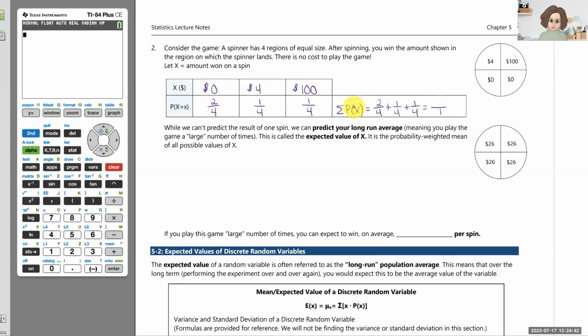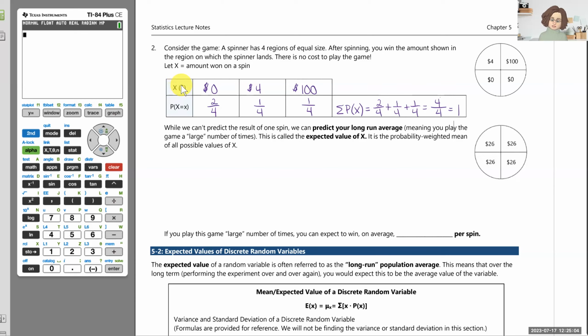And we have our common denominator 4. And adding the numerators, that is also 4. So we're good there. We do get a total of 1 for the sum of the probabilities. Okay, so that's called a probability distribution for this discrete random variable X.